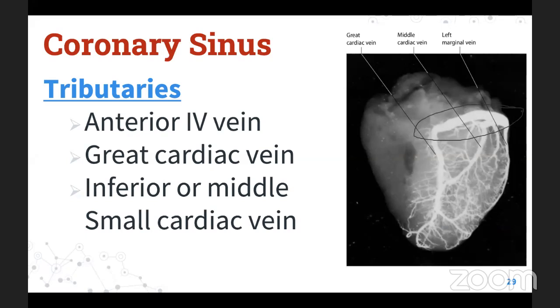Big circle. Can you be more specific, please? Would it be at the junction between the great cardiac vein and the middle? Sorry, the great cardiac vein, on the left side in this image, toward the right side of the heart, at that corner.